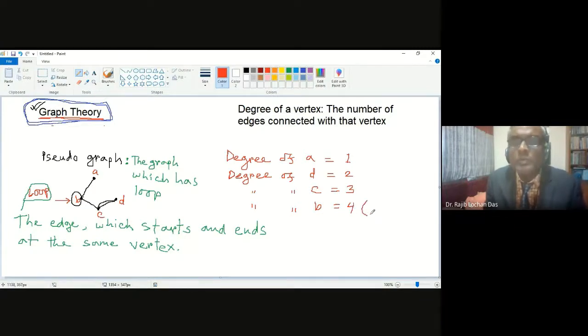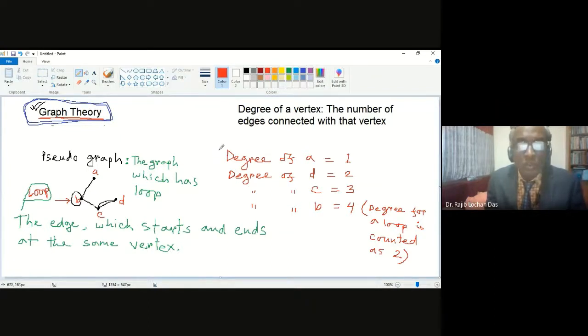Why will the degree of B be 4? Because of the degree of a loop. The degree for a loop is counted as 2. This is a rule. So a loop will be counted as 2 degrees every time.